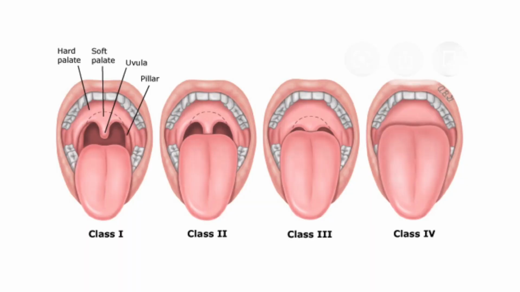There's the Mallampati classification, where you're told to rest your mouth and stick your tongue out as much as possible. Then the clinician looks inside, and depending on what they can see, whether your soft palate or your airway, they give it a score. 1 is that they can see a lot of things, your airway and everything, and 4 is that they can't see anything; they can only see your hard palate. That's the Mallampati classification.